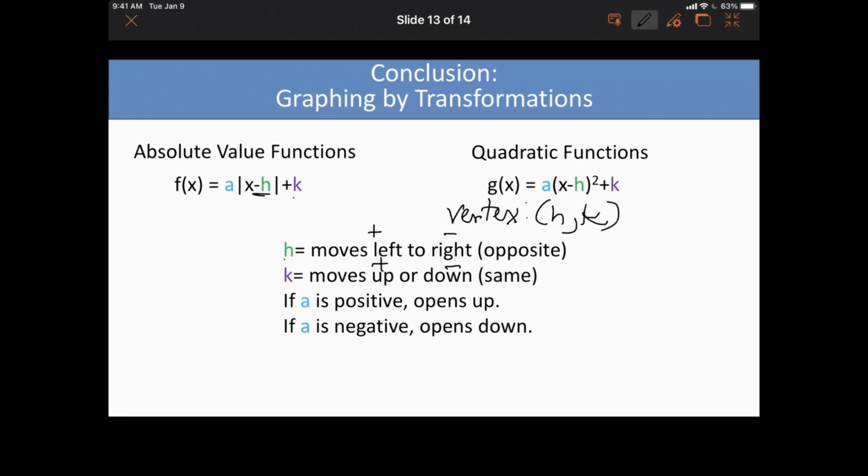If A is positive, it opens up. Oh, sorry. Let me do that the other one. Because absolute value is this way, like that. And if the A is the negative in front, then it's going to go down.